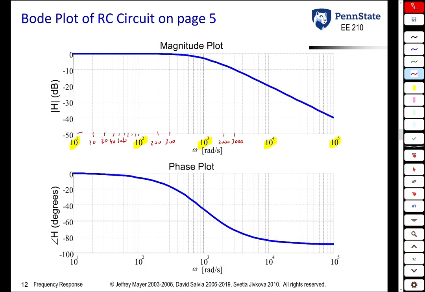So this distance is between 10 and 20 radians per second, but between here and here would be between 40,000 and 50,000 radians per second.